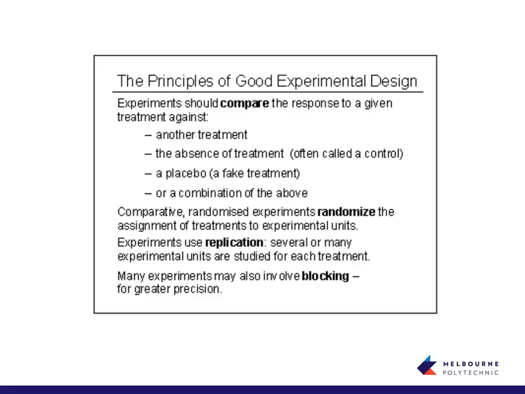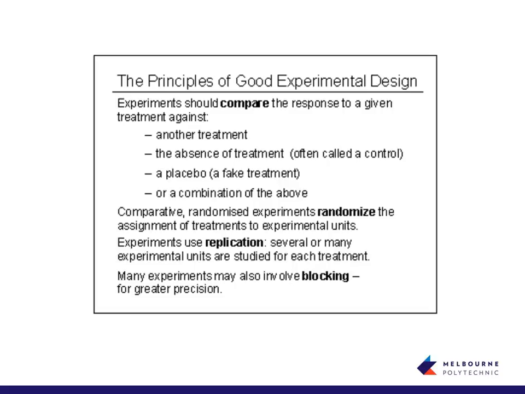So the key property of a good experiment, an experiment that has been designed well, compares the response of an experimental unit to another treatment and a control, or simply just a control.